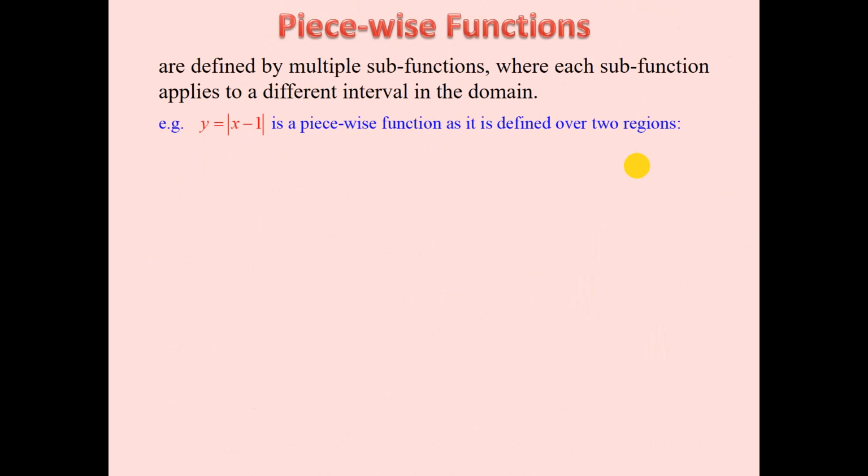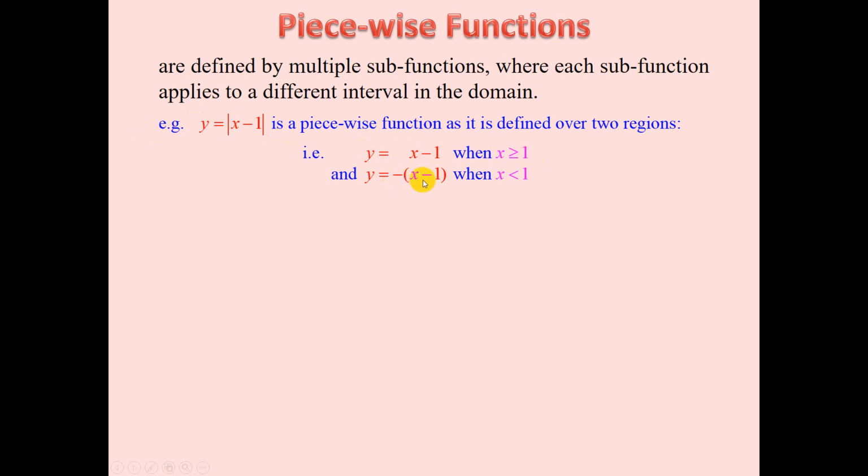If you look at y equals the absolute value of x minus 1, that's a piecewise defined function. It's a piecewise function because it's over two regions. Consider this, that we say that absolute value is defined as just the contents when the contents is greater than or equal to naught, or in other words, in this case, it's just equal to x minus 1 when x is greater than or equal to 1.